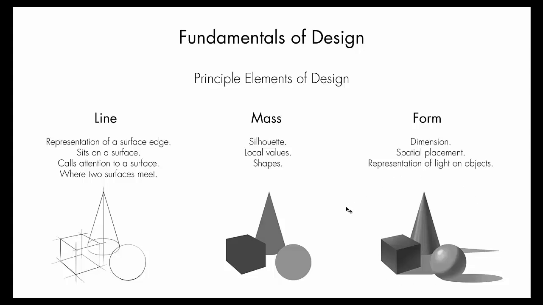When we do paintings, remember that we're not painting the actual object, we're painting how the light affects that object. And when we put a strong light on that object, we really get to define that volume really well.